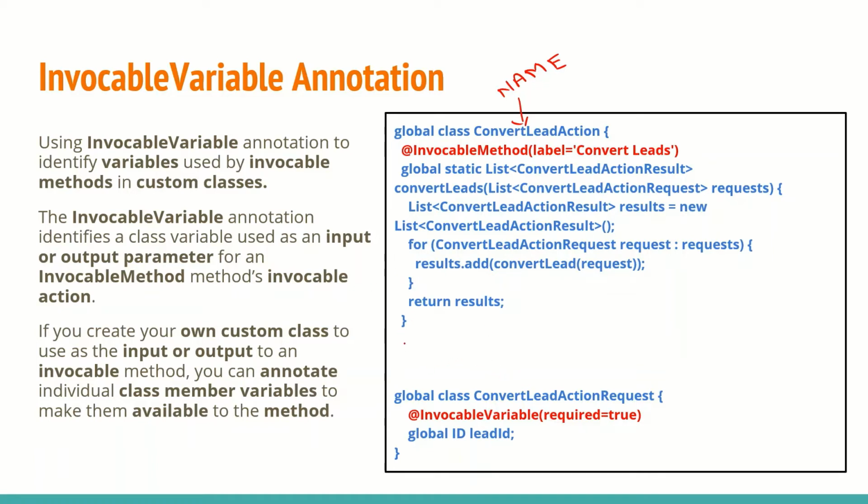Then we have a variable, that is @InvocableVariable required equal to true, global Id leadId. So this is the required field, and we have used this invocable variable here. So now we can use this in any one of the invocable methods where we want this global Id, that is leadId. Global is the access specifier. This is the data type. This is the name of that variable.